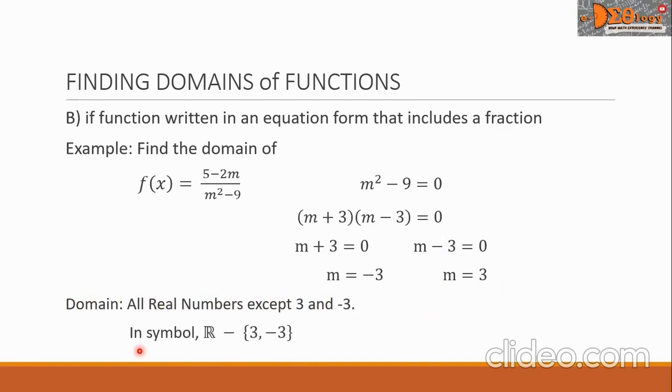In symbol, we can write like this: R to represent all real numbers, then minus the values 3, negative 3 inside braces. This is our final answer.